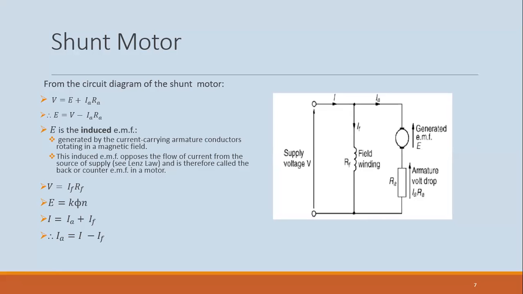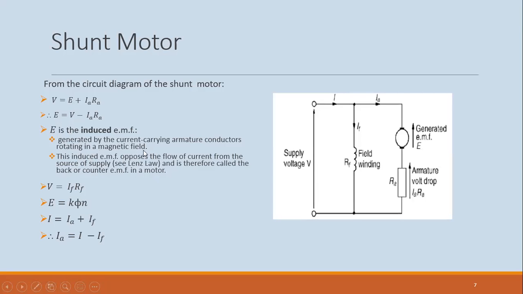All right, the equation for the motor. So V, this voltage drop across here, would be the same voltage drop across here and here. So V is equal to the back EMF plus the voltage drop across the armature windings. So therefore, I can find what E is by making it the subject of the formula.